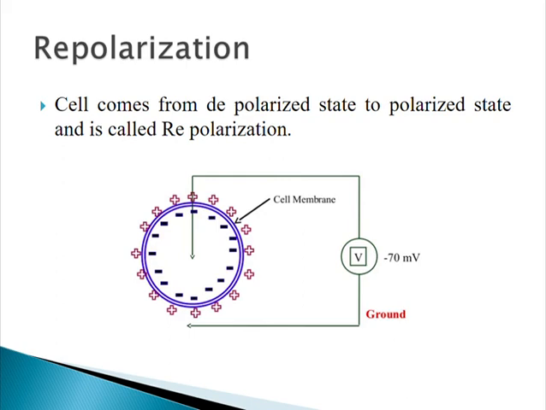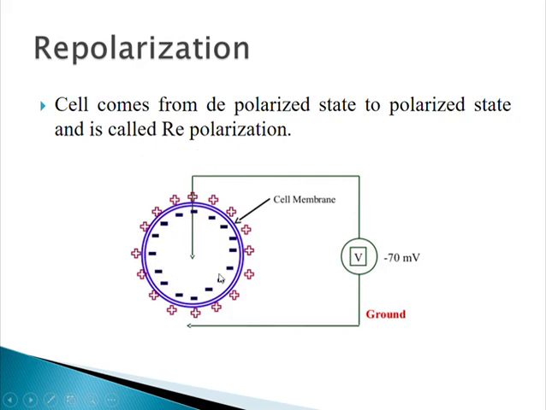And the next term is repolarization. When the equilibrium is reached, again the cell changes its characteristics, and it goes back to its previous characteristics at the resting state. You can see over here, the cell comes from the depolarized state to the polarized state, and that term is called repolarization.